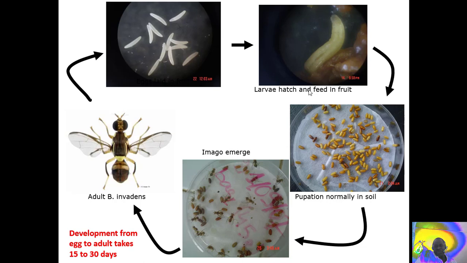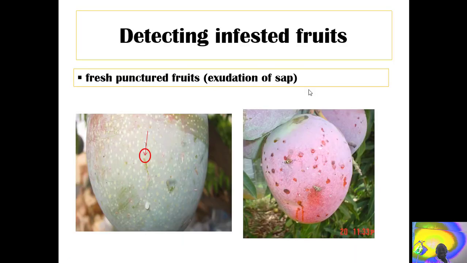And here the pupae are, those small things that we put on the petri dish. When we keep them for 15 days, from the pupae emerge some adults that take several days to become sexually mature. The cycle takes from 15 to 30 days, meaning that during the harvest season, mainly the rainy season, the fruit fly can have a lot of cycles.